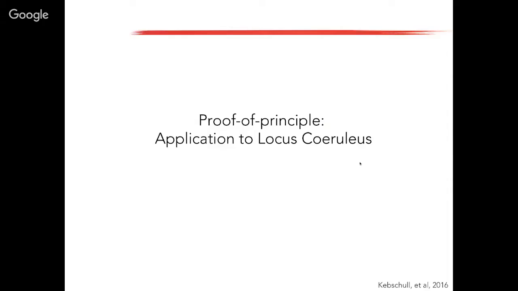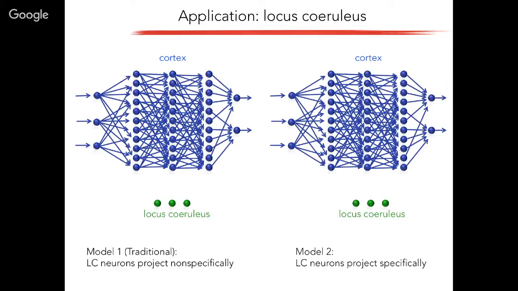This was published, I guess, a year and a half ago now. And what we did was we studied the projections of the locus coeruleus throughout the brain. It was known already that the locus coeruleus projects throughout the cortex relatively uniformly, but it wasn't known, it was suspected and believed, but not really known, that the neurons in the locus coeruleus just kind of bathe the cortex in noradrenaline.